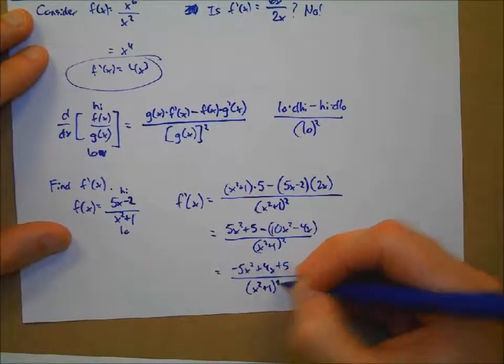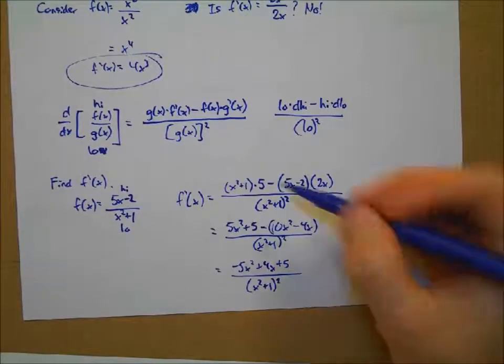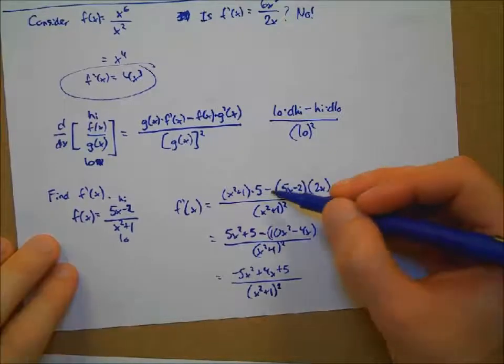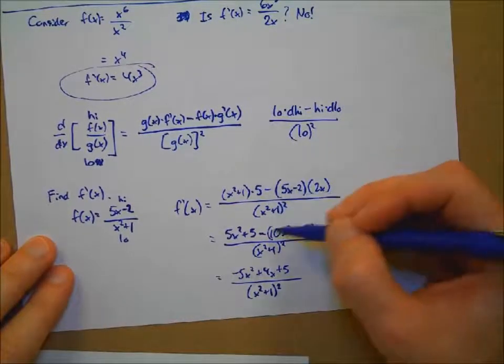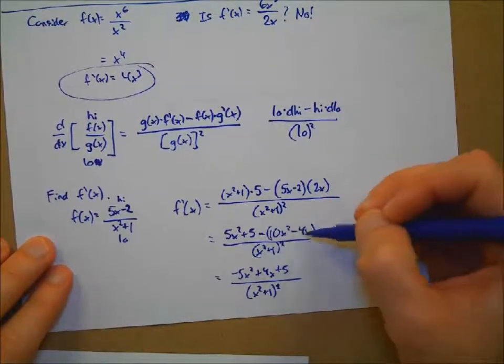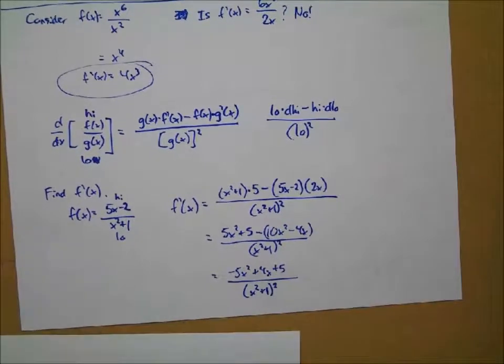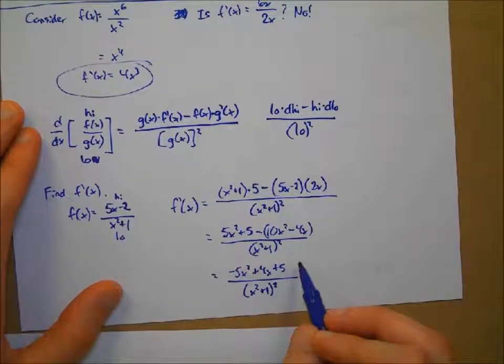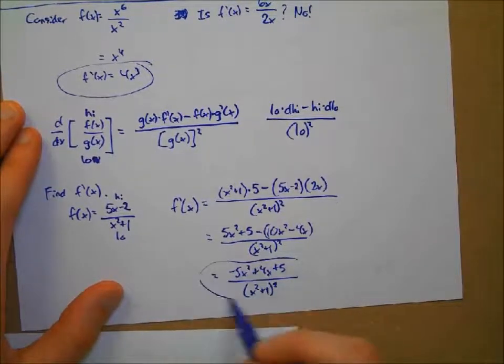Watch those subtractions. It's minus the quantity here, so when that 2x distributes, the minus sign will also distribute. So it becomes minus 10x squared, but minus a negative 4x, or plus positive 4x. There's our final answer. I don't know if that factors, but it won't cancel out with the denominator anyway, so it doesn't really matter. There's our final answer simplified.